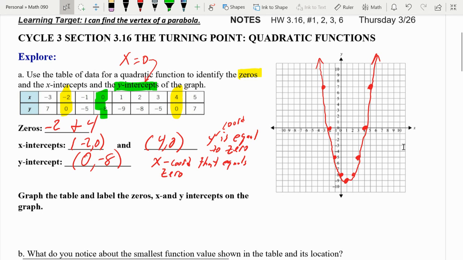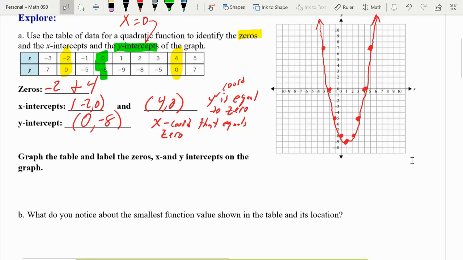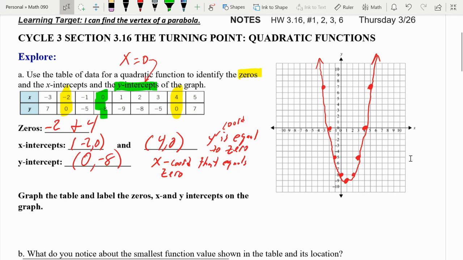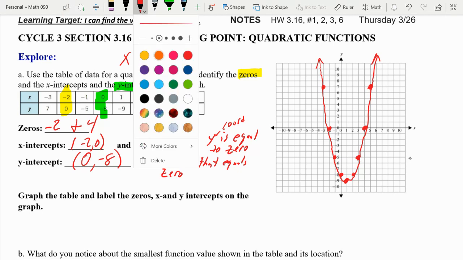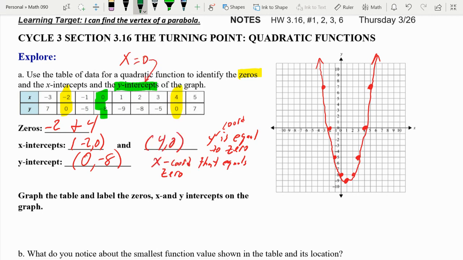So when we graphed this, they wanted us to label the zeros. Let me pick a different color. Give me a second, guys. No, that's too close to red. Let's just do green. So they wanted us to label the zeros.